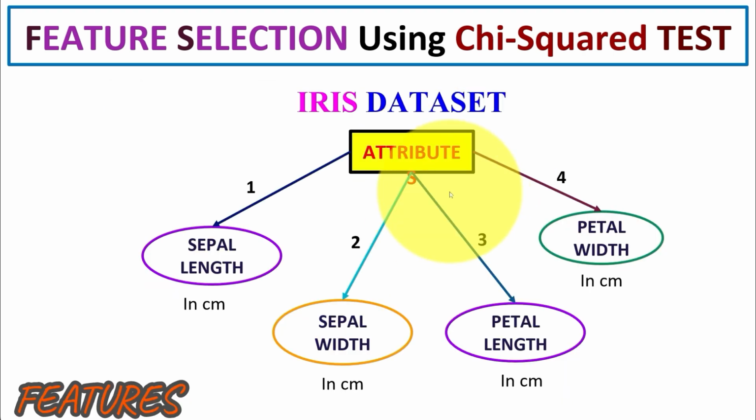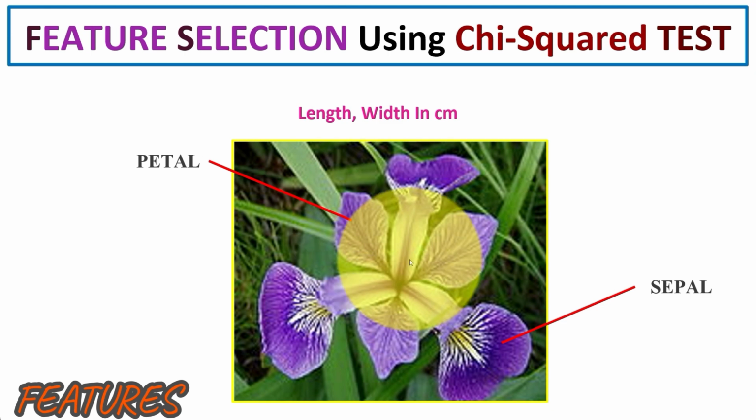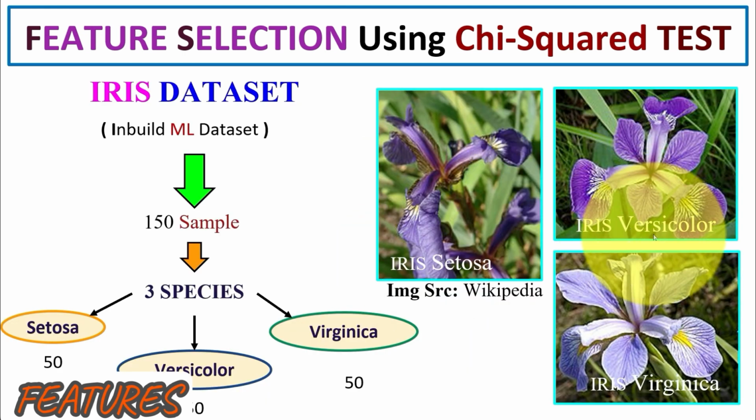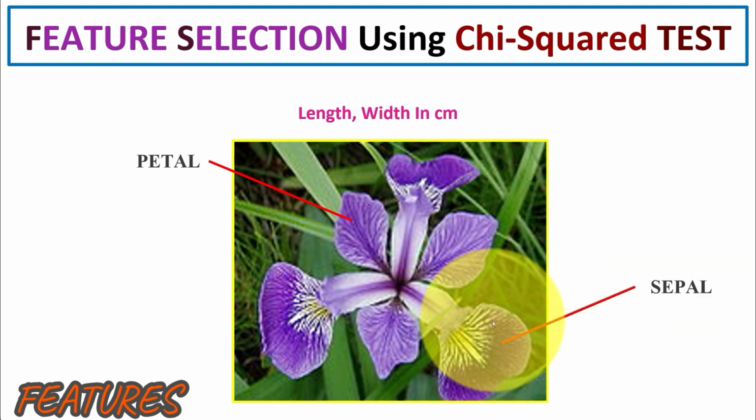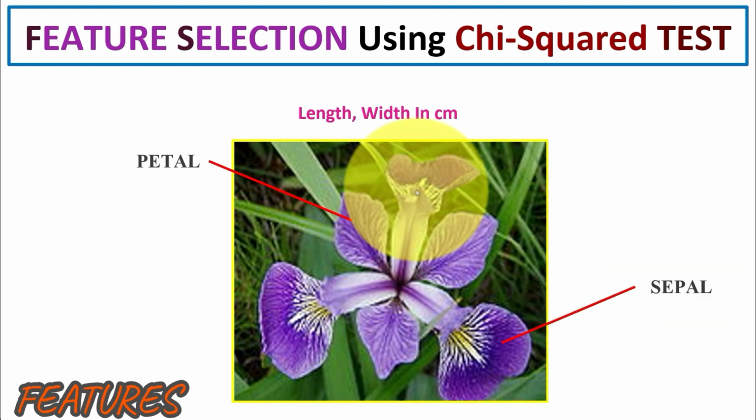Next you can see we have attributes, that is features, and the features include sepal length, sepal width, petal length, and petal width, all in centimeters. You can see in this flower, this one is the versicolor species. This is Iris versicolor. Here you can see this is the petal, and then we have the sepal.